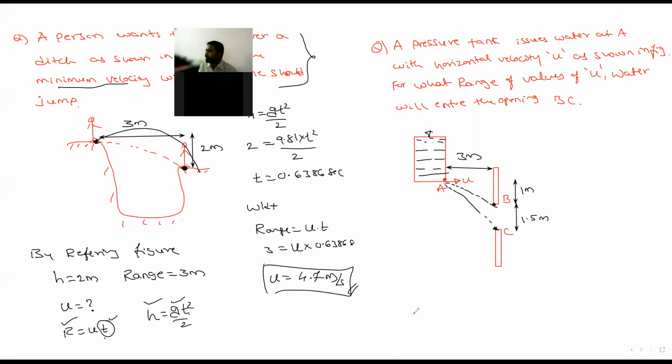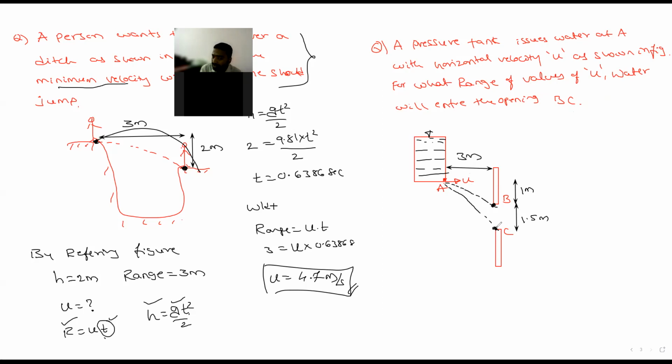So now what he is asking: a pressure tank issues water at A, and horizontal velocity is u, as shown in the figure. For what range of values of u will water enter the BC? अभी देखो, आपको water BC gate में अंदर आना है तो minimum velocity you have to give here.